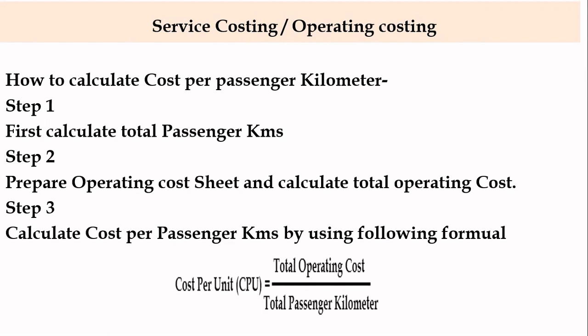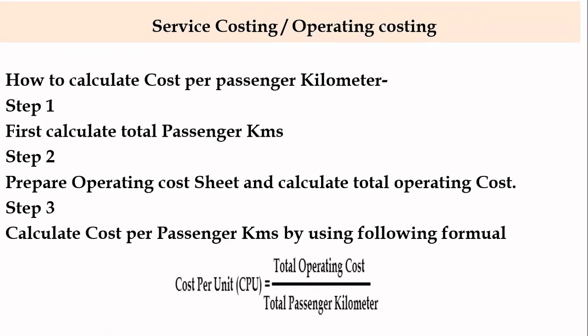That is the formula: number of buses into distance, into number of trips, into number of days, into seating capacity and seats utilized. You have to use this formula to calculate passenger kilometers. This is the first step.